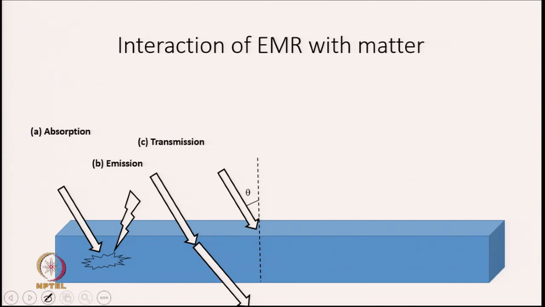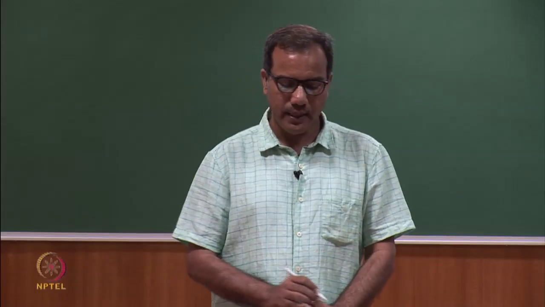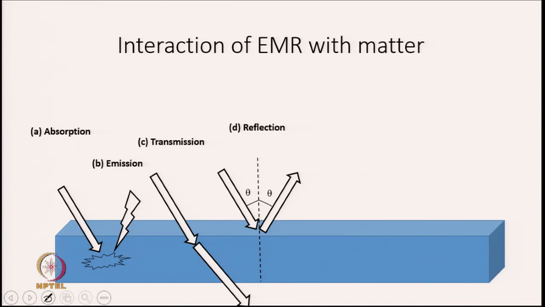Again, the third scenario is that after interaction of EMR with matter, the electromagnetic radiation can get reflected, and reflection is when the angle of incidence with the normal is equal to the angle of reflection.